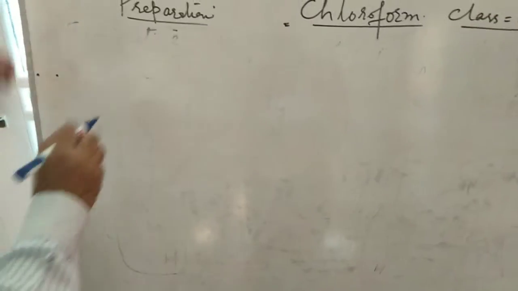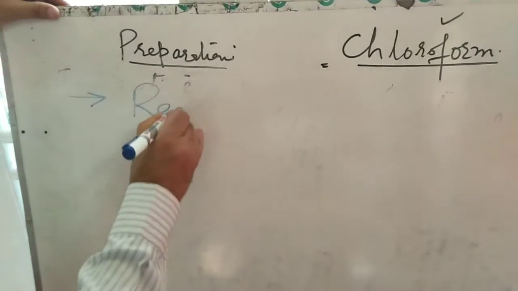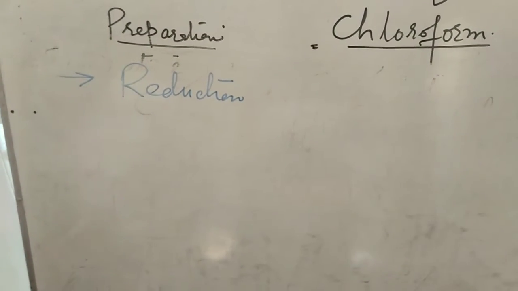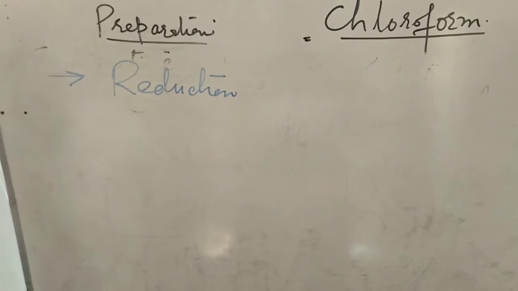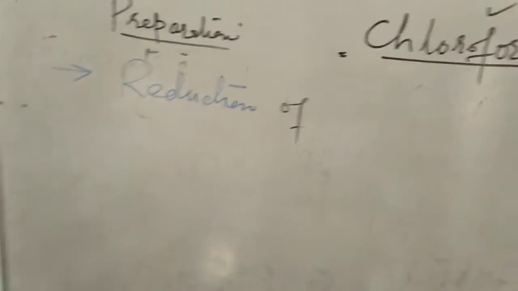The second preparation, which is nowadays used, is by reduction of carbon tetrachloride.